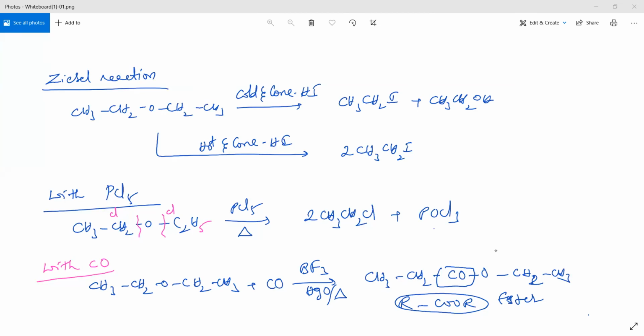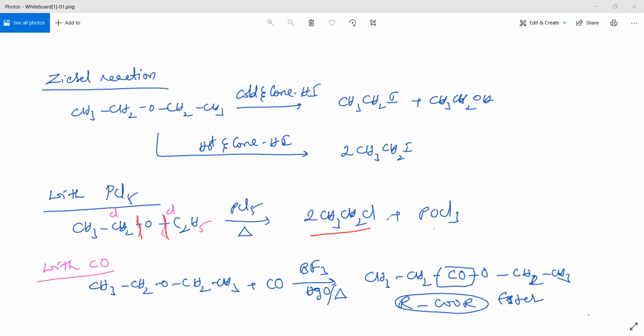Similarly with PCl5, break these two bonds here. Then add chlorine here, chlorine here.